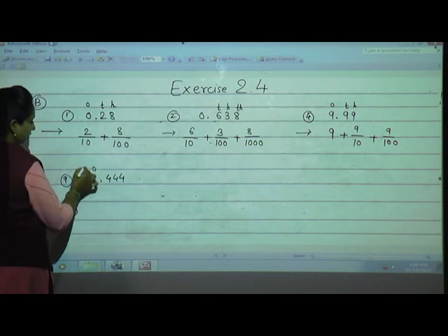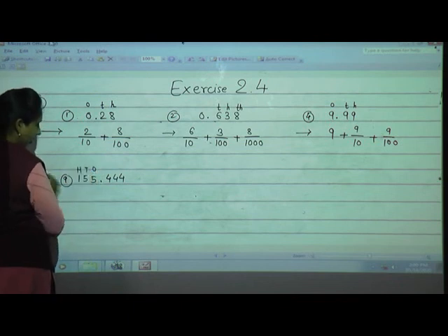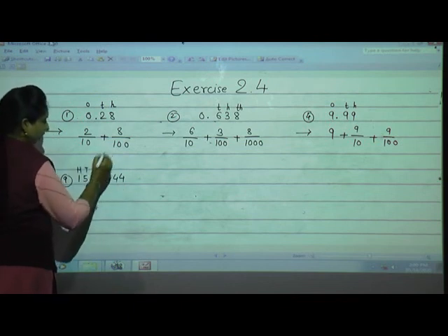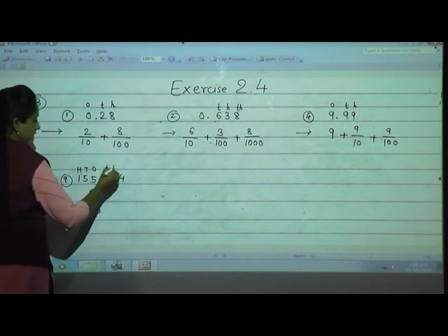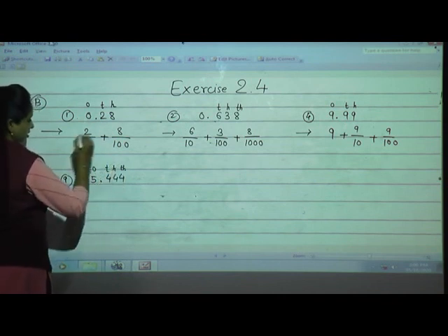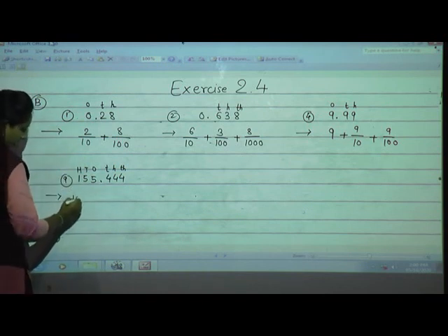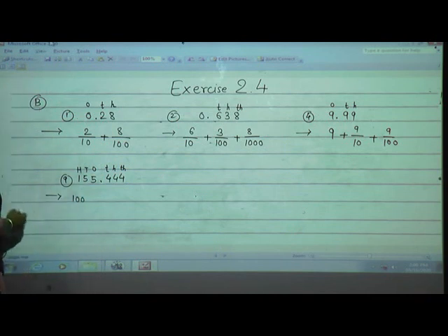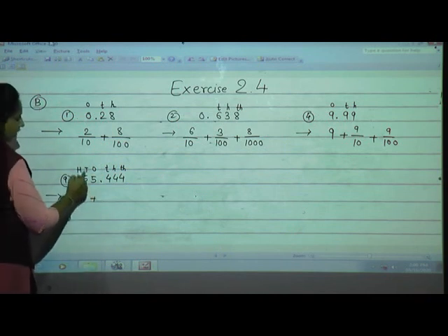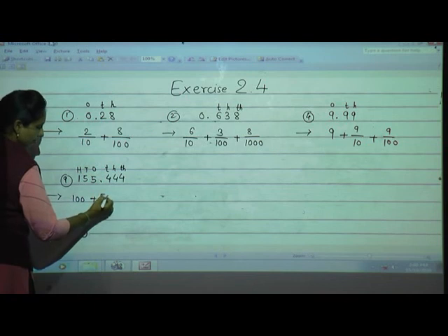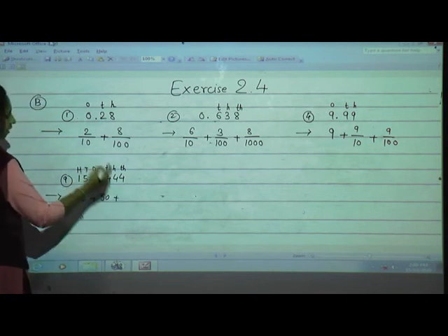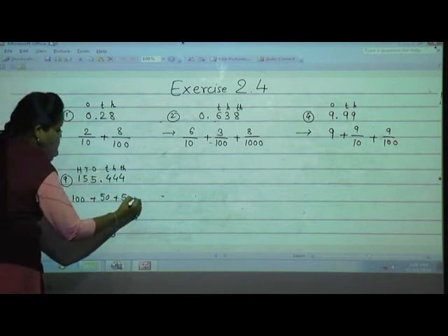Before the decimal point ones, tens and hundreds, and after the decimal point tenths, hundredths and thousandths. Now see, 100. So write here 100 plus 5 tens means 50. 5 ones means write 5 only.